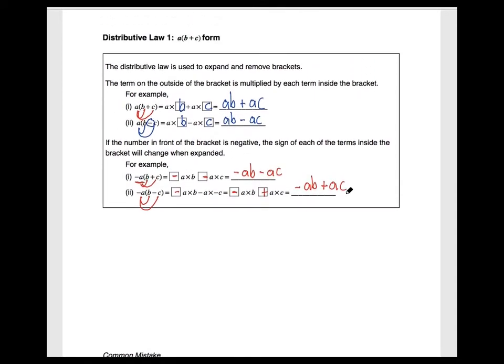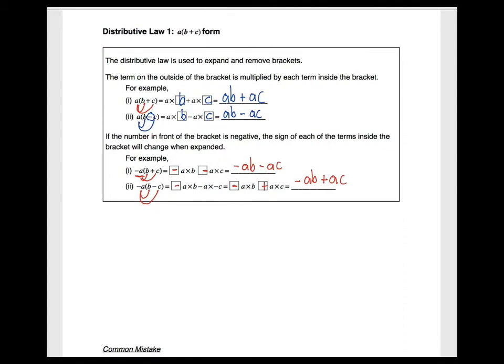To move on to a further example, I'll give us the equation 3, open bracket, 4x plus 7. Now, as we know, this is equal to 3 lots of, or 3 times, 4x plus 7.